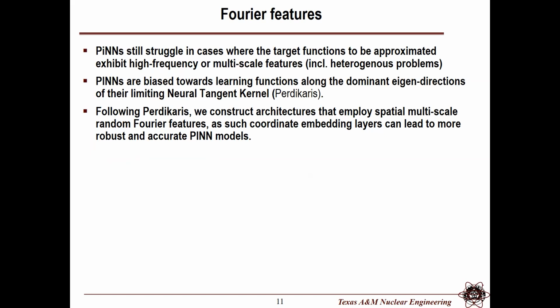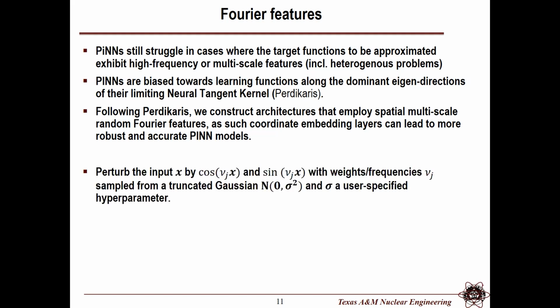PINs are biased towards learning these functions along the dominant eigendirections of their neural tangent kernel, and that's from Perdicaris. And Perdicaris in that same paper proposes multi-scale Fourier features as a method of leading to more robust and accurate PIN models.